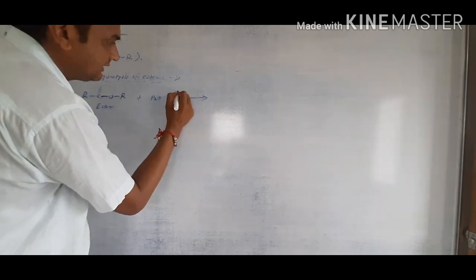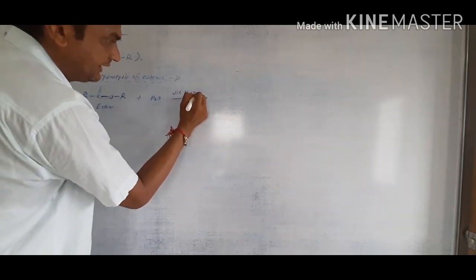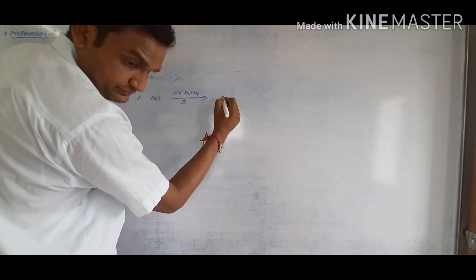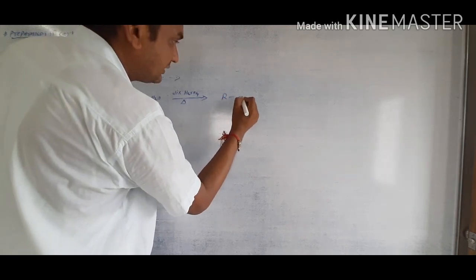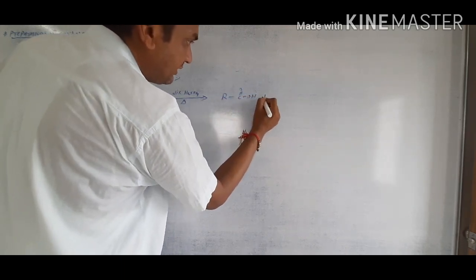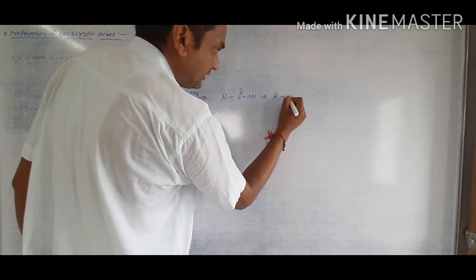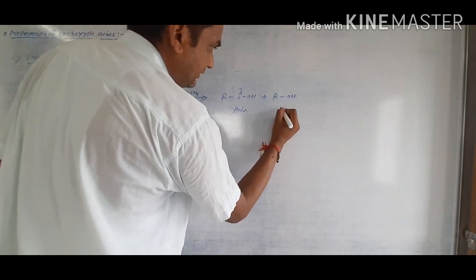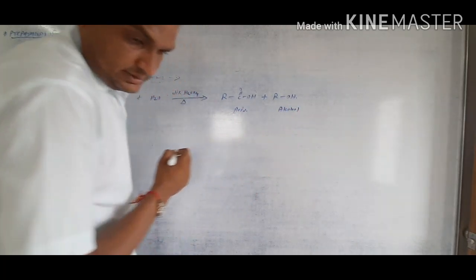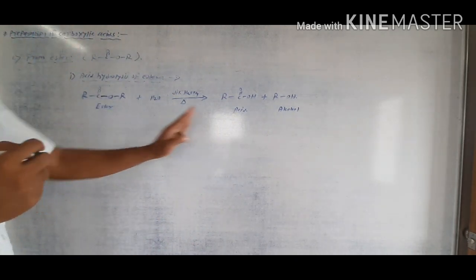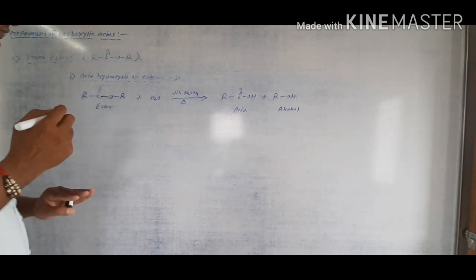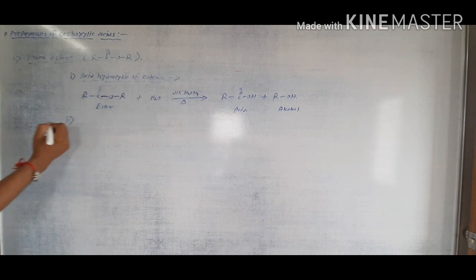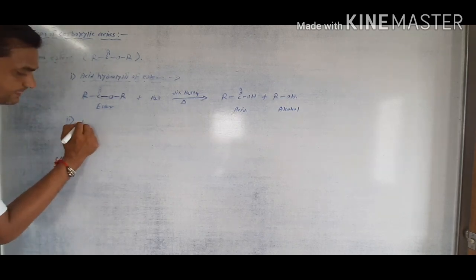With dilute sulfuric acid and heat, it gives RCOOH and another molecule, ROH, meaning acid and alcohol. There are two products here. This is the acid hydrolysis of the ester, and the second one is the alkaline hydrolysis.